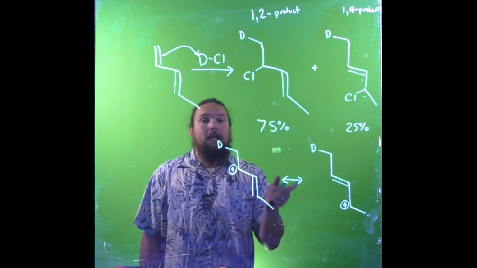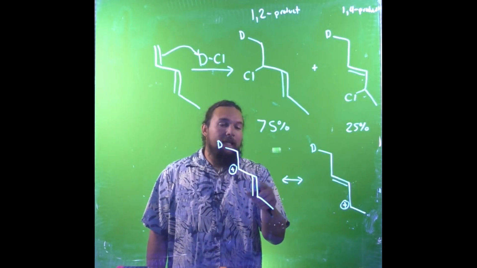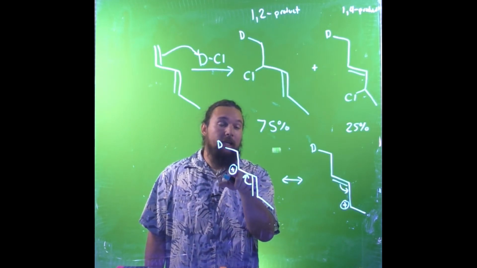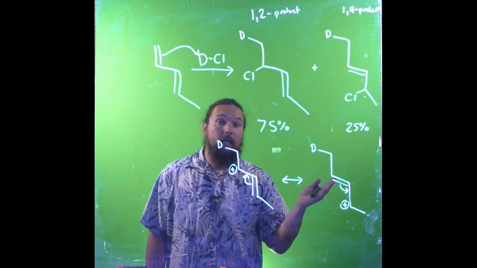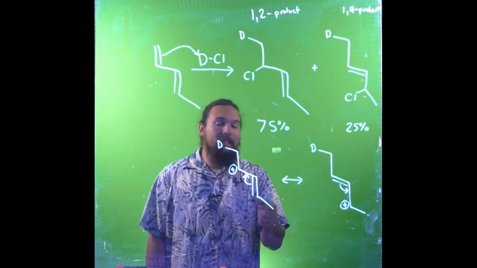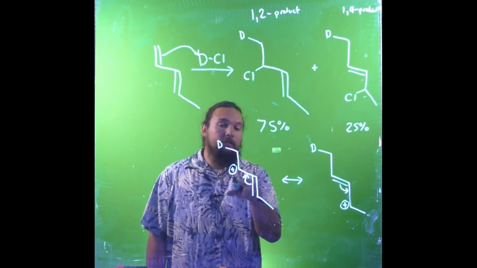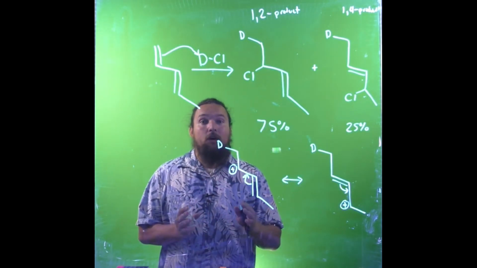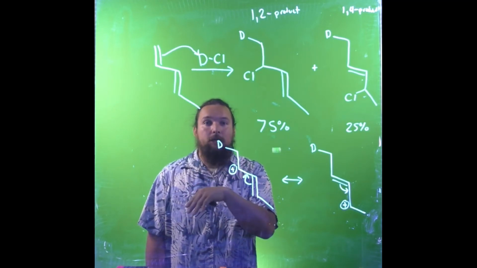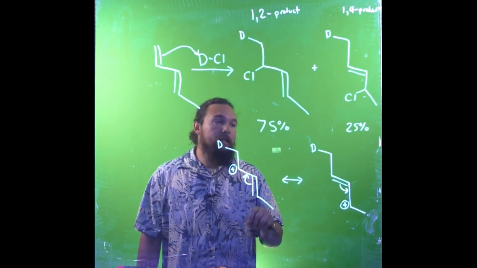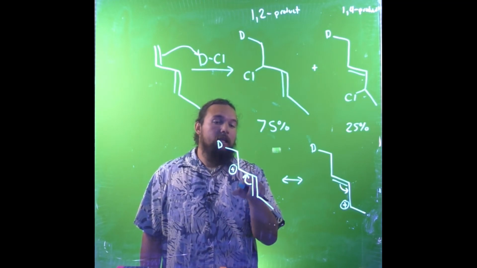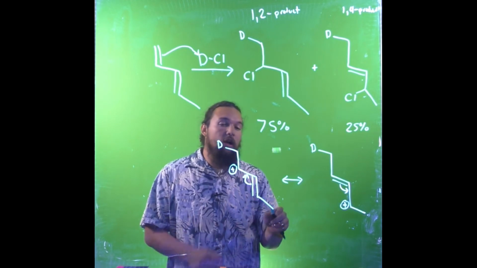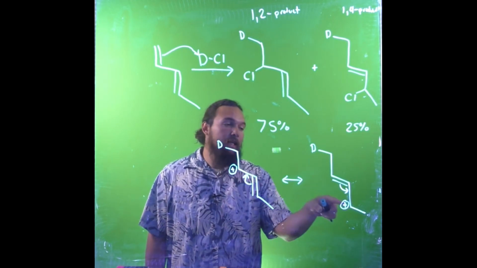If you recall, when we had this resonance stabilization in 1,3-butadiene, it went from a secondary carbocation to a primary carbocation. In this case, the addition of this extra methyl group makes it go from a secondary carbocation to a secondary carbocation. So now the argument that the product forms because of a lower energy transition state is no longer valid, because both of these carbocations are secondary.